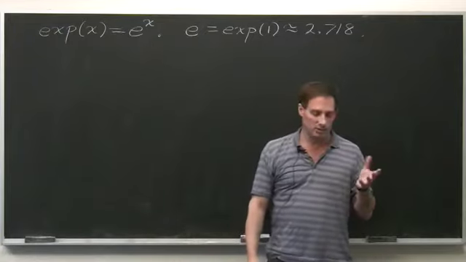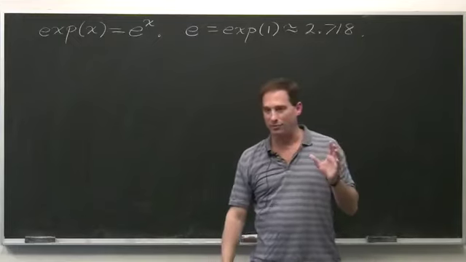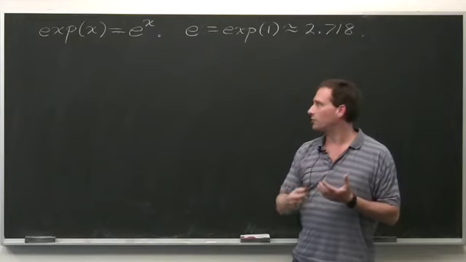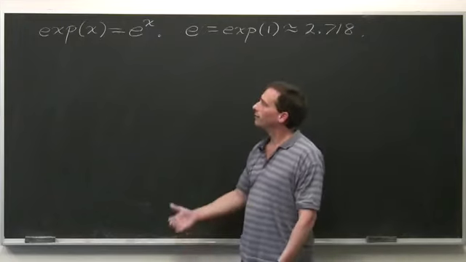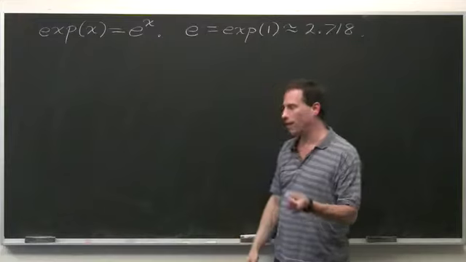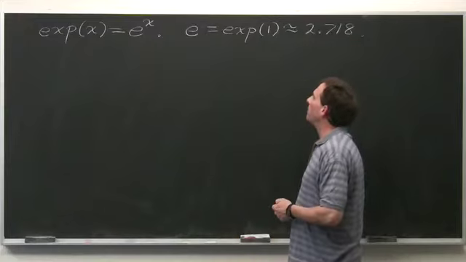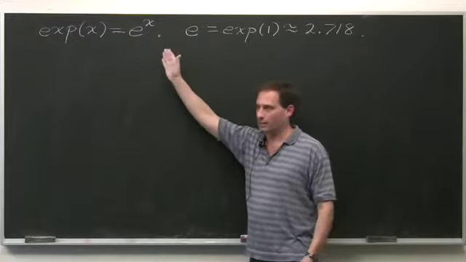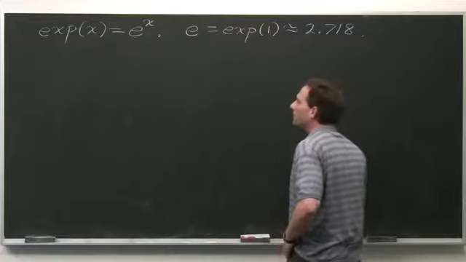For us, we're taking this slightly slick way of defining what it means to raise a positive base to an irrational power. I'm defining e to the x to mean exp of x when x is irrational. There's a small technical point. If it doesn't bother you to talk about e raised to the x, fine. It's e to the x.